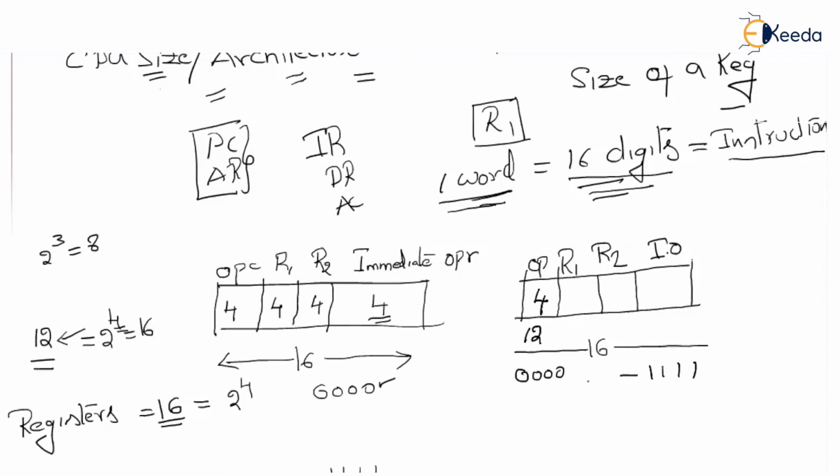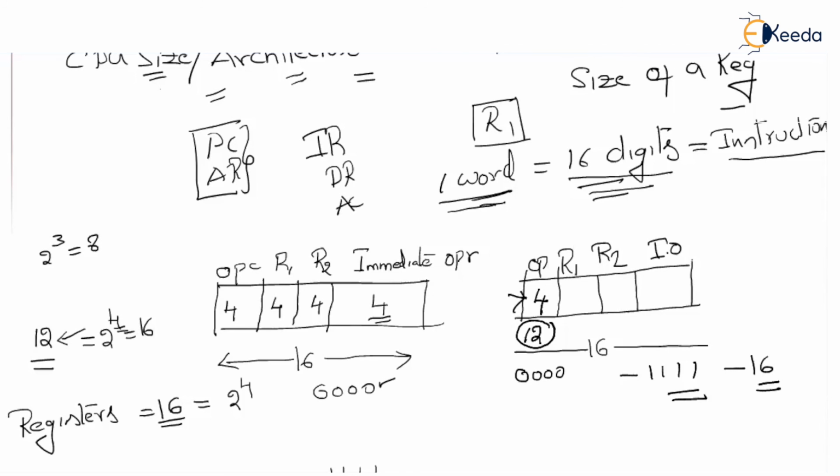If each combination were encoded for one opcode, 16 opcodes would be available, but some will be unused because our system has just 12 opcodes. Those will never be used.